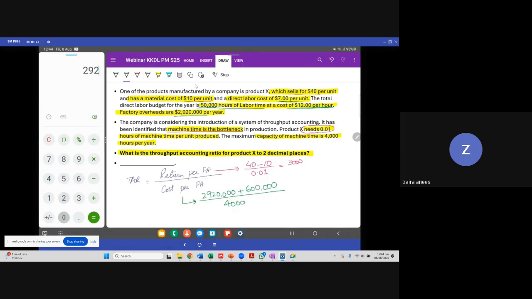So 2920 plus 600 is 3520, divided by 4,000 is 880. This is cost per factory hour. 3.4. Right? Simple?